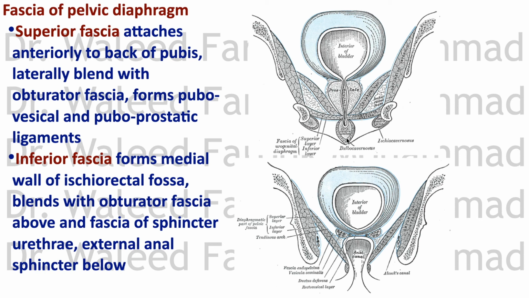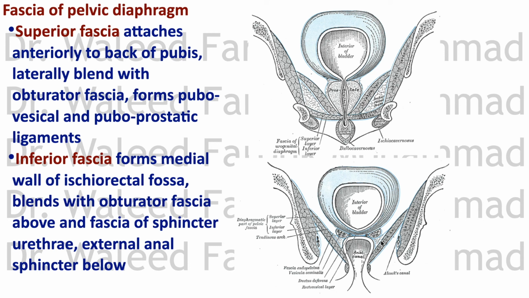These are coronal sections of the male pelvis. This is the prostate, the urinary bladder, the prostatic urethra. See, this is the membranous urethra after exiting the prostate, surrounded by the so-called urogenital diaphragm, the sphincter urethrae, plus the deep transverse perineal muscles.